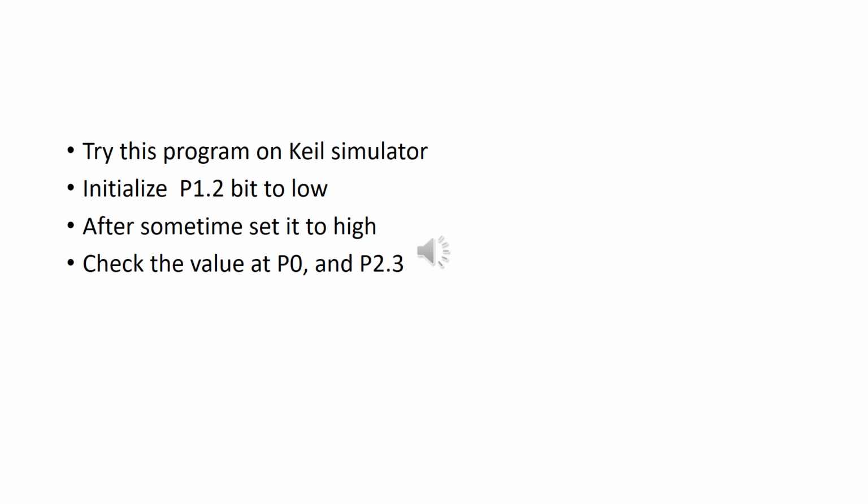Keep on observing the data. After some time, set it to high. As soon as you do that, check the value of the P0 register and the bit P2.3. So the P0 register must be equal to 45H and P2.3 must be set.